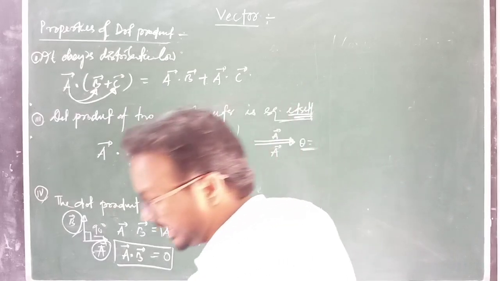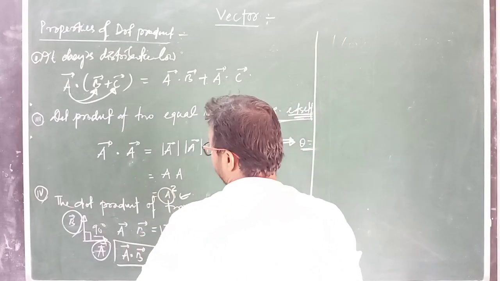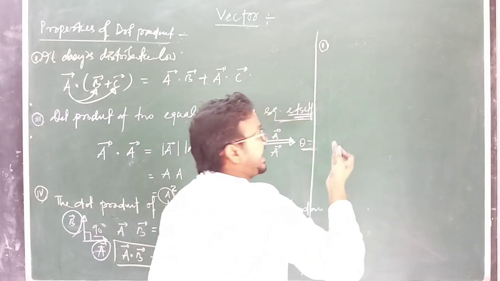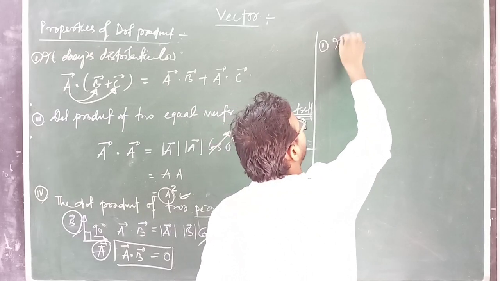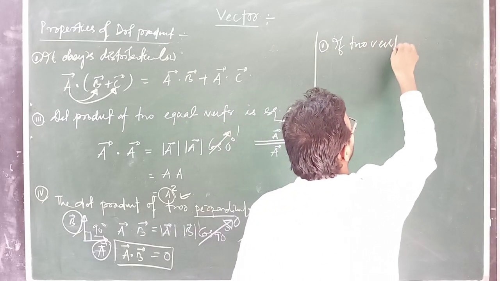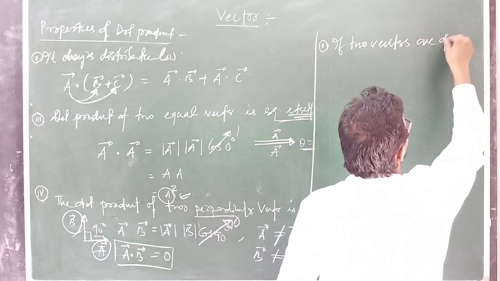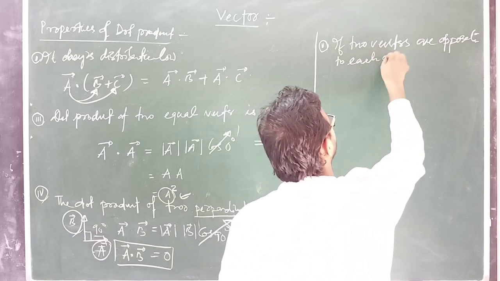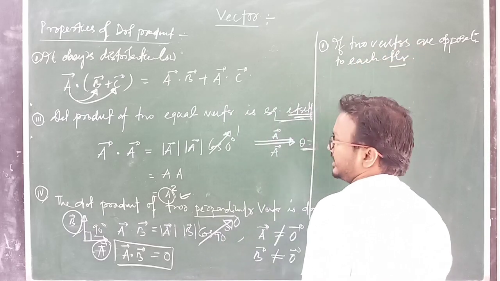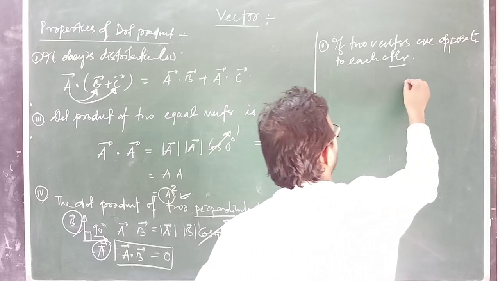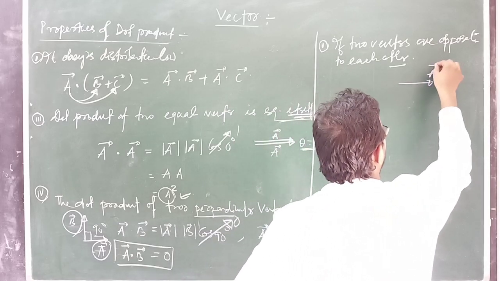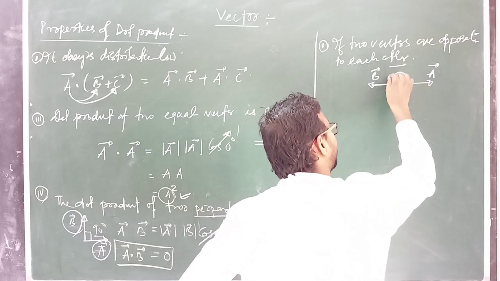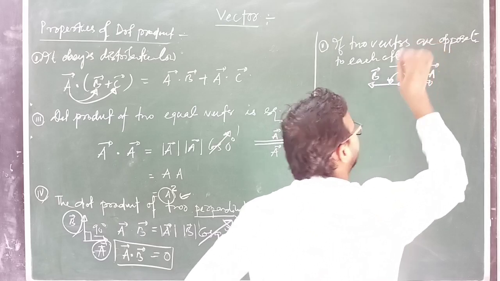And you can take another example or another property. Suppose property b: if two vectors are acting opposite to each other, suppose one vector is here, vector a, and another vector is b, and the angle between a vector and b vector is 180 degrees.